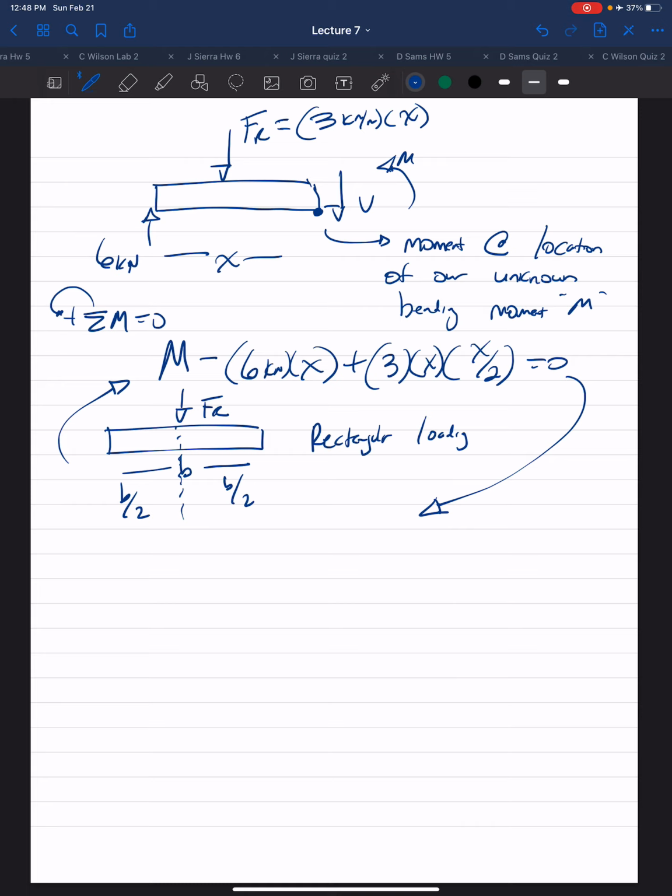Rearranging that equation, you have m minus 6x plus 3x squared over 2. Getting m on the side of the equation by itself, you have m equals 6x minus 3x squared over 2.